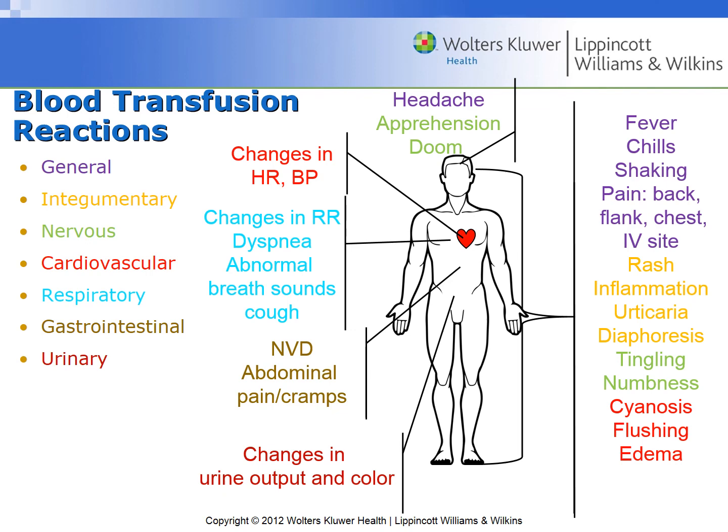But they still do. So knowing what to look for, expect it to go wrong. If it doesn't go wrong, wonderful. You've just saved a whole lot of paperwork and your patient's going to have a great day. If it does go wrong, then you are prepared.